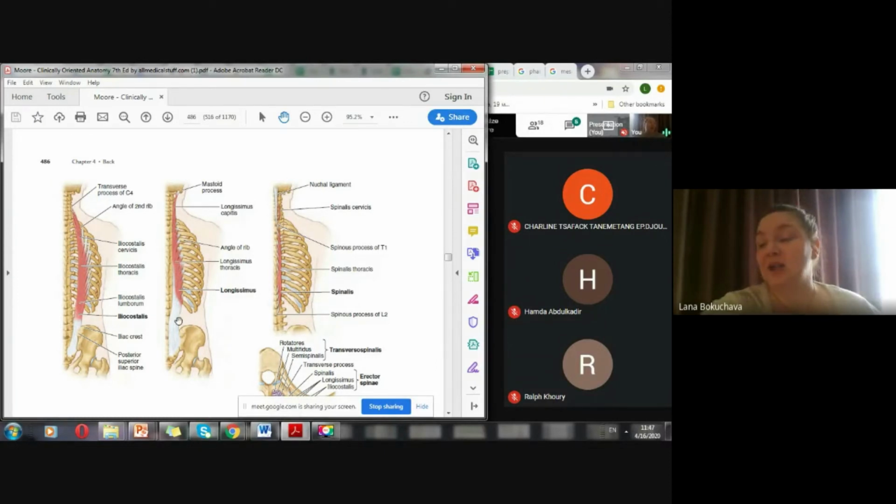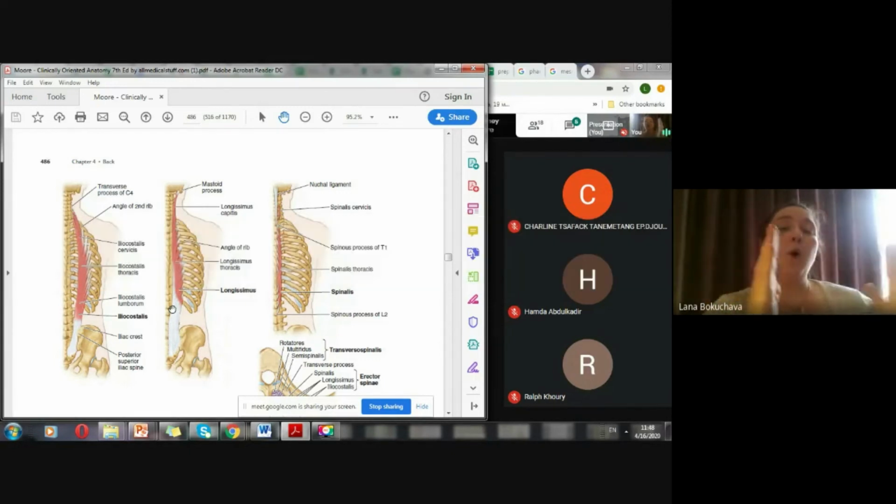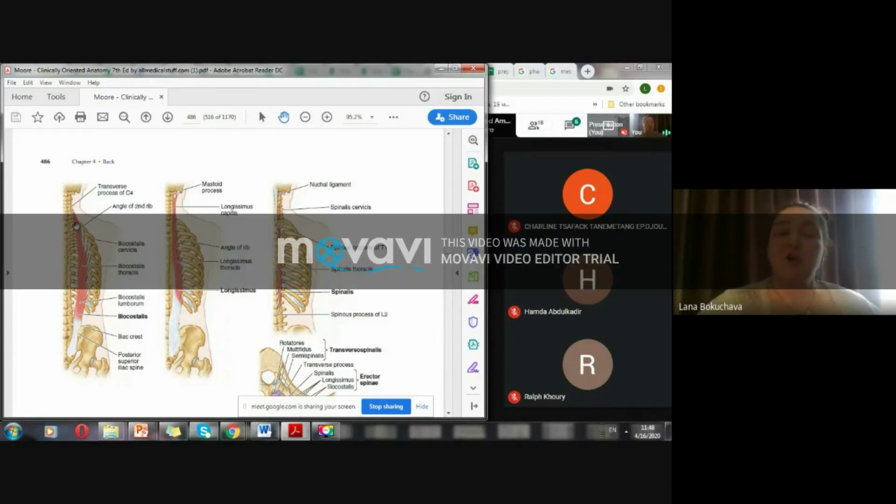Here, the second one is the longissimus. So also, I do believe very clear to understand that it is starting from the lowermost or inferiormost parts, such as sacrum, and again, the part of the ilium, and is ascending now more medially compared to the iliocostalis, as you can see, ascending towards the thoracic region, towards the cervical region, and in comparison with the iliocostalis, which can reach mainly the cervical parts.